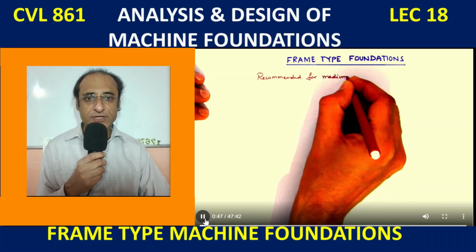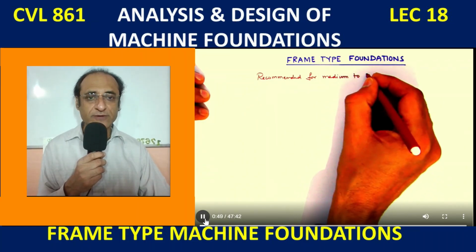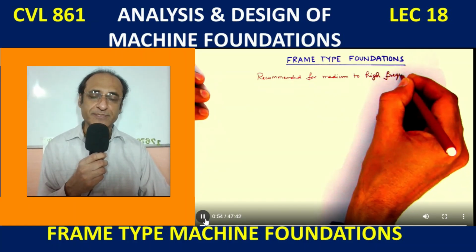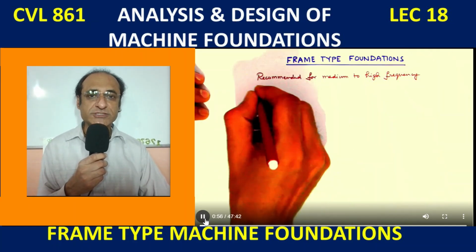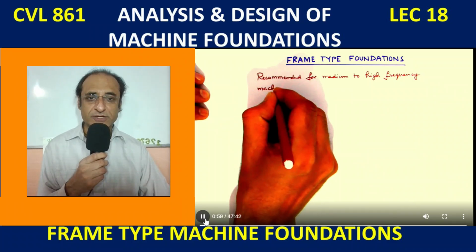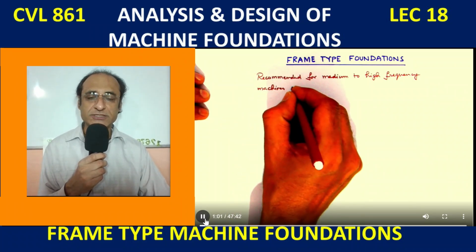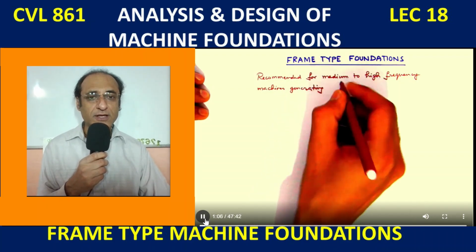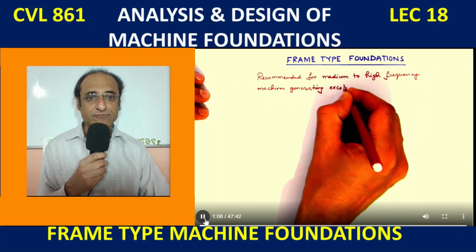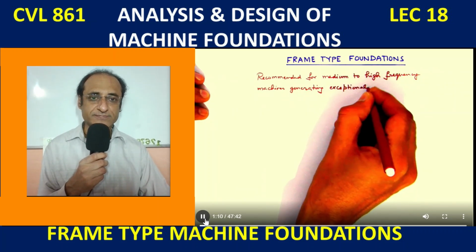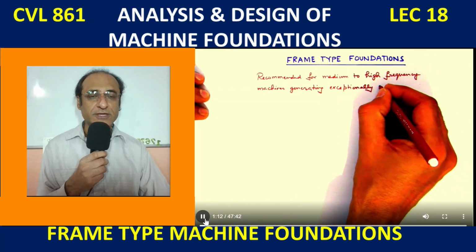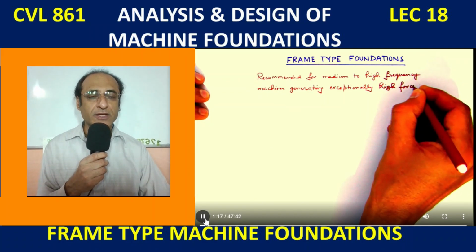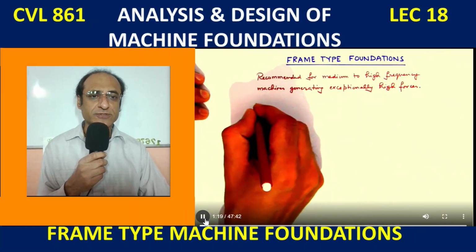Now the frame type foundations are basically provided for medium or high frequency machines, rotating machines, and typically all the turbo generators. For example, if you visit any NTPC plant, you will find turbo generators. They all are seated on these frame type foundations. Essentially this kind of foundation looks like a 3D frame type of structure, just like in the case of buildings.